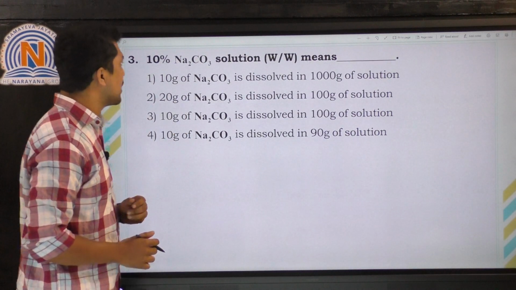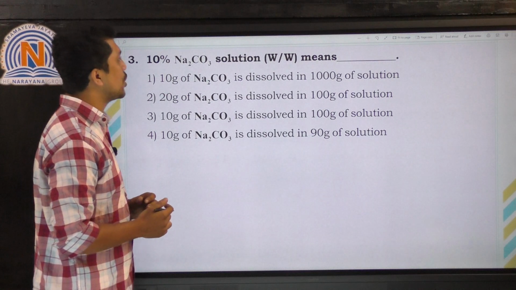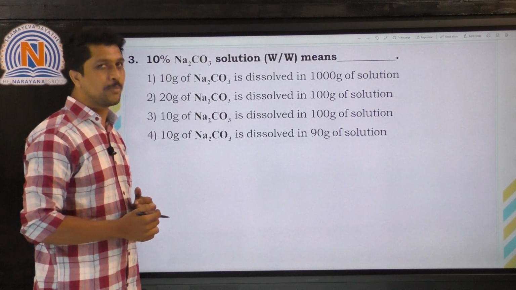The third question is: 10% Na2CO3 solution weight by weight means.